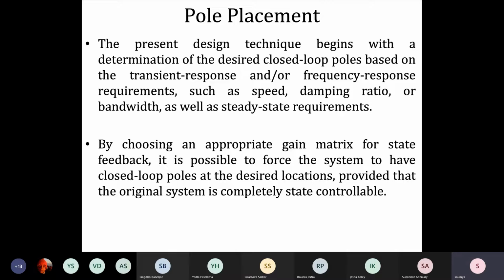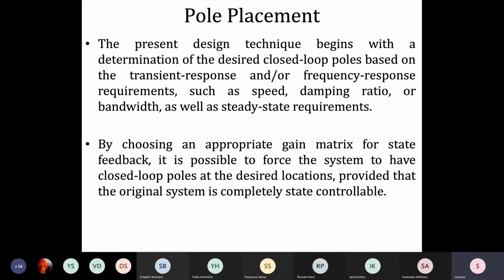What we are really doing is this: we have an open loop system, and we want to close the loop with a suitable gain matrix for the state feedback. The motivation is that for the entire closed loop system, the response should follow some damping requirement, some frequency response requirement, and some transient response requirement in terms of settling time, damping ratio, and so on, right?